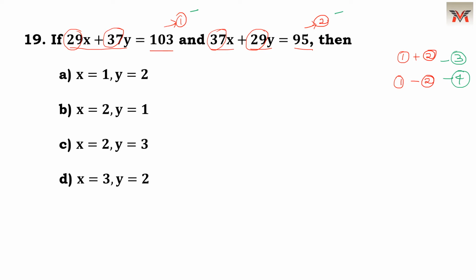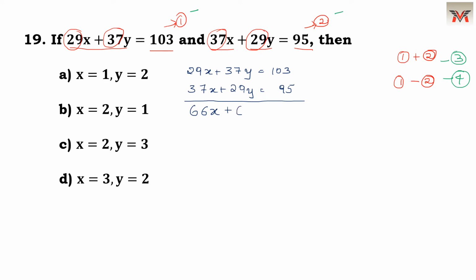What does it give? We have 29x plus 37y equal to 103 and 37x plus 29y equal to 95. When we add these two equations, what will we get? We'll get 66x, the second is also 66 itself, 66y, that is equal to 198.